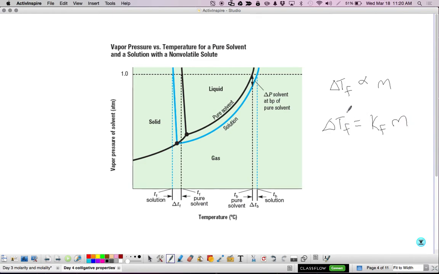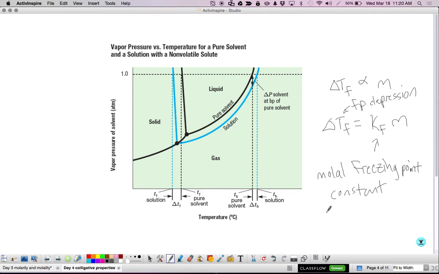Okay, so the freezing point depression is equal to some constant times the molality of the solution. This is the molal freezing point constant.